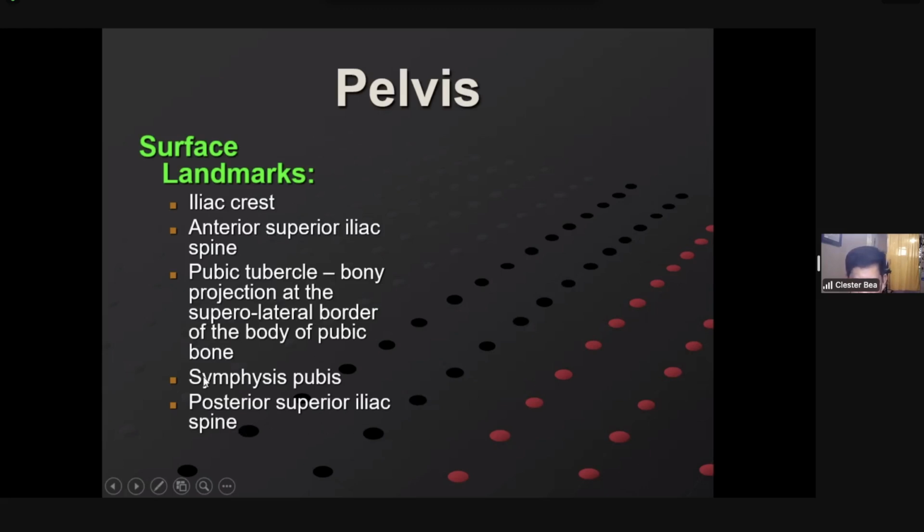Then in the midline, you have the pubic tubercle, which is the bony projection of the superolateral border of the pubic bone. And of course, the articulation of the two pubic bones in the midline, the symphysis pubis. So when you see these surface landmarks, you know that you are within the area of the pelvis.